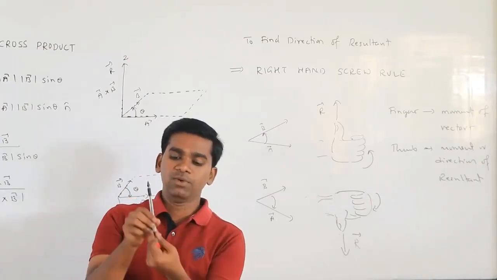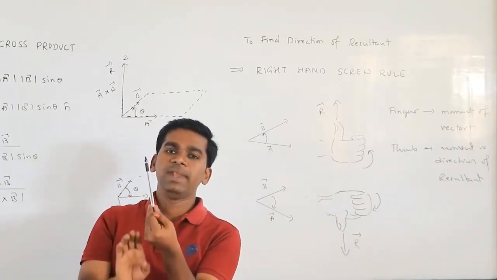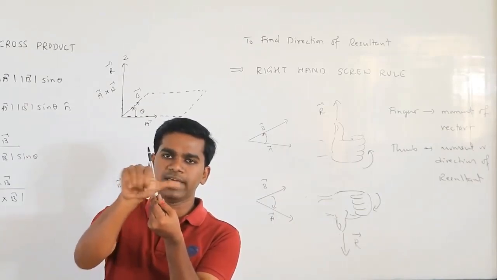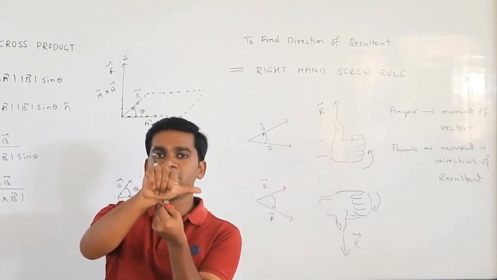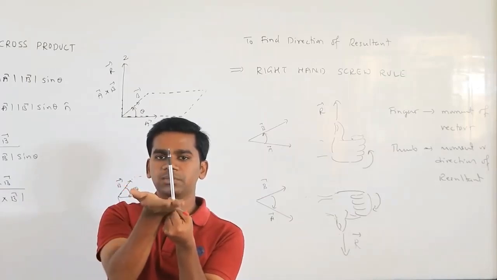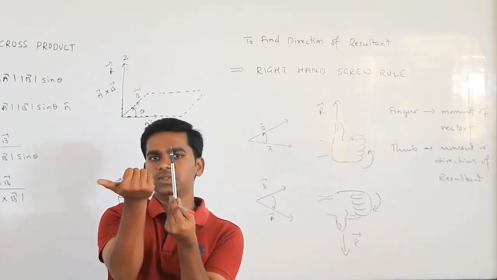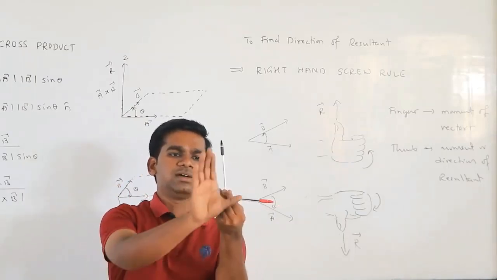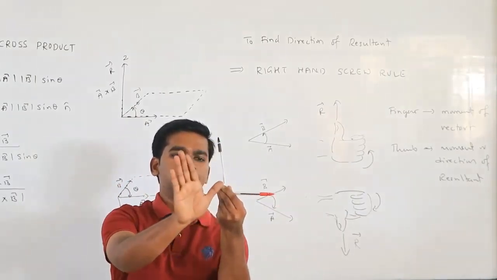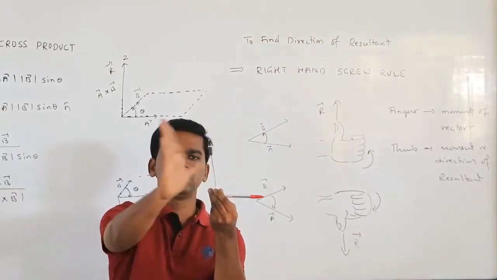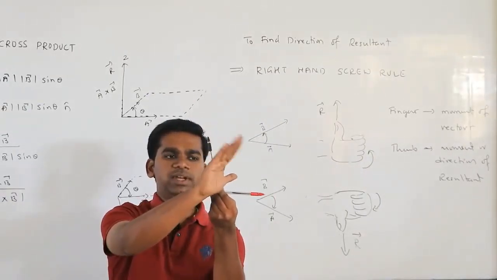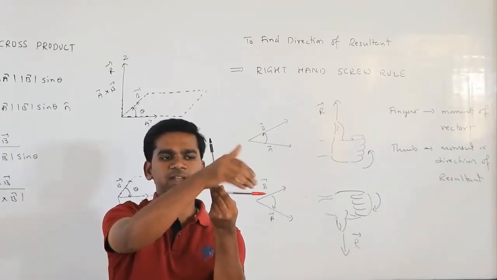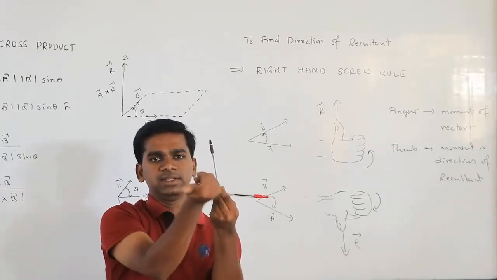If I hold like this, black to red, the direction is towards this one, and red to black, towards this one. However I hold it, black to red is in this direction, and red to black is in this direction.